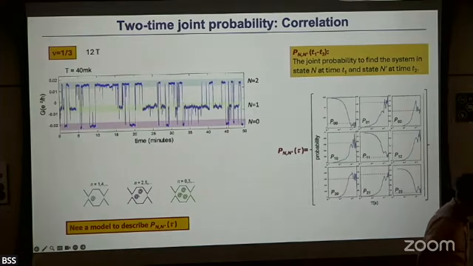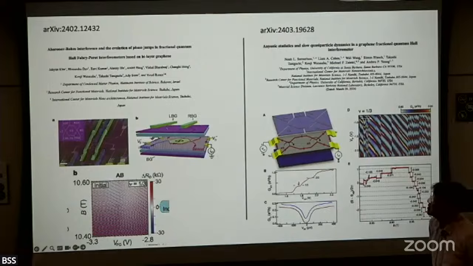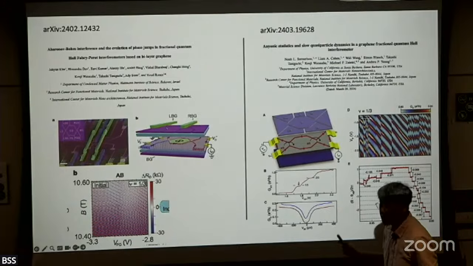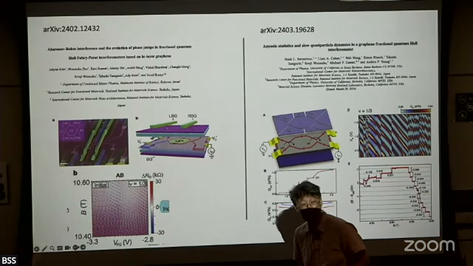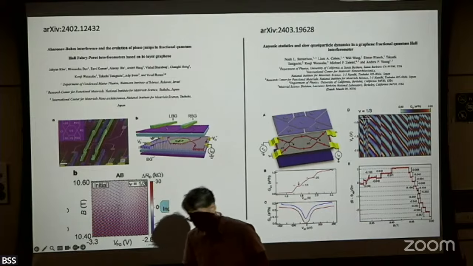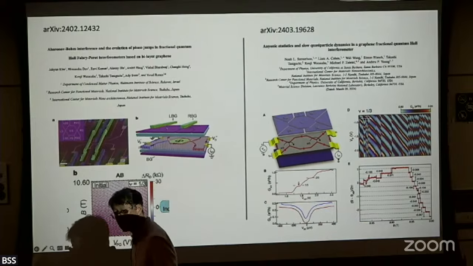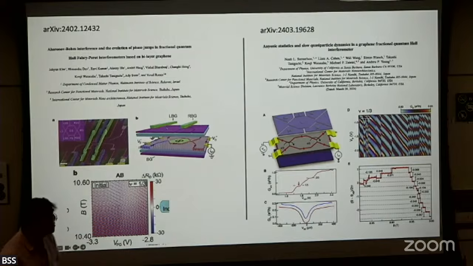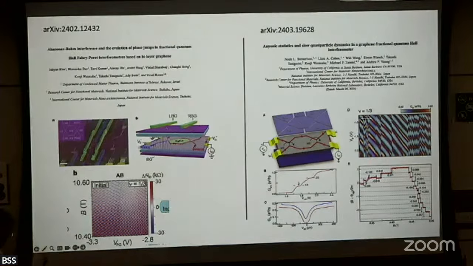I would say that while this telegraph noise in the beginning is rather annoying, it was also somewhat of a blessing for us to effectively measure these exchange statistics. The reason I say that is there were 2 other experiments about the same time that we did these experiments, from different groups. The first one is Yuval Ronen's group at Weizmann.